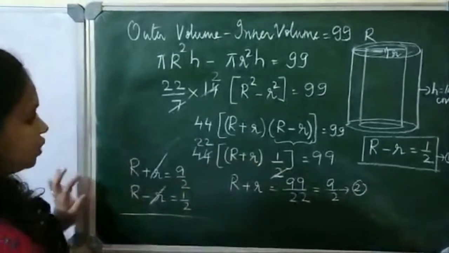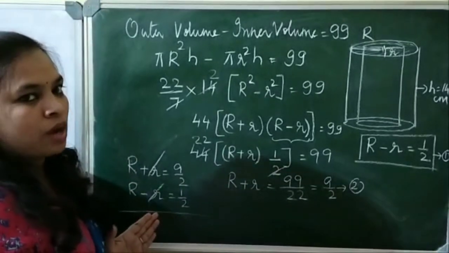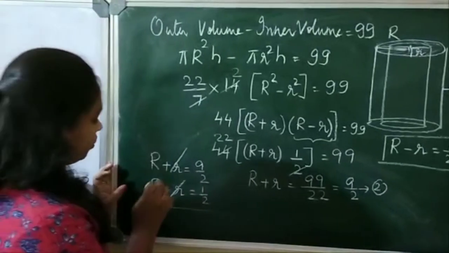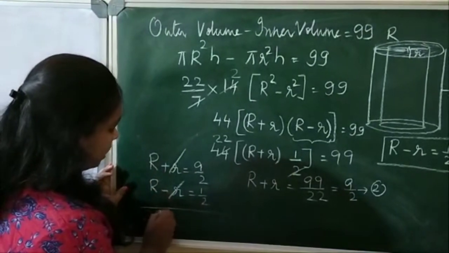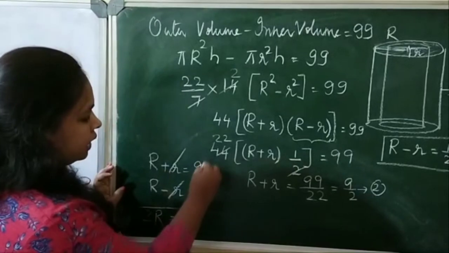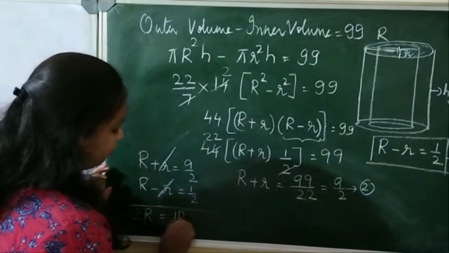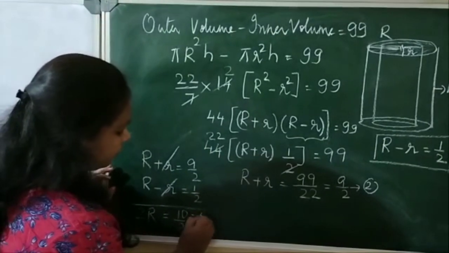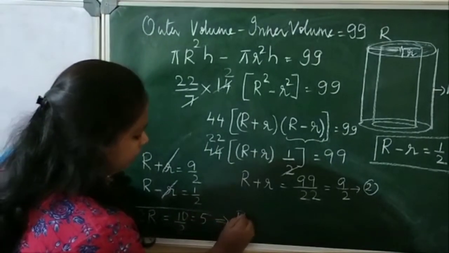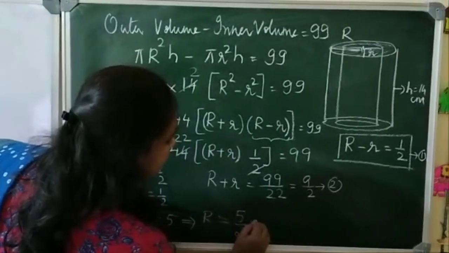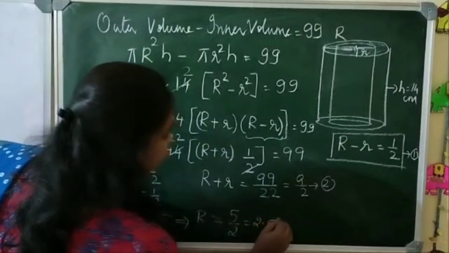You have learned in integers how to add the algebraic expression. This will be twice of R is equal to 9 by 2 plus 1 by 2, which is equal to 10 by 2, that is 5. So now capital R will be equal to 5 by 2, which is equal to 2.5.